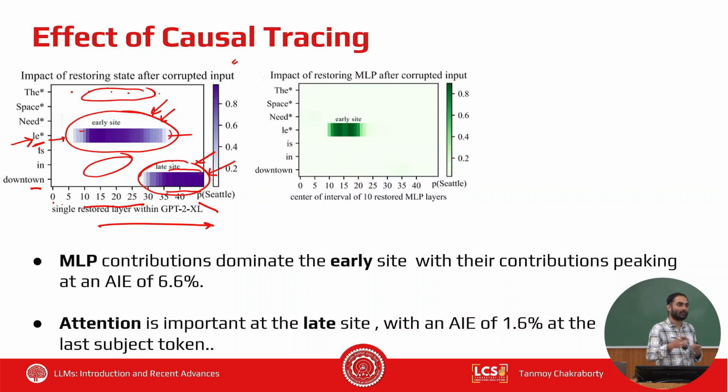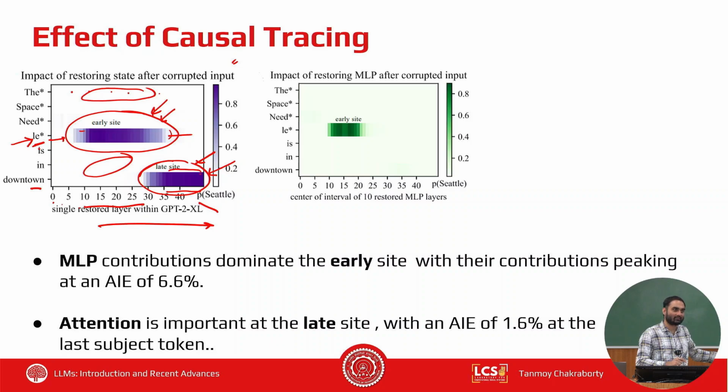What they did, they further bifurcated this figure. Two components are important here. One component is attention, the other component is multilayer perceptron. These two are playing important roles. The way they restored hidden states, similarly they restored the multilayer perceptron, MLP, copying it from the clean version to the corrupted part.